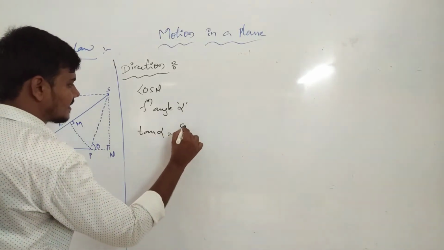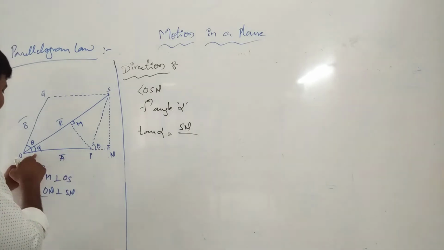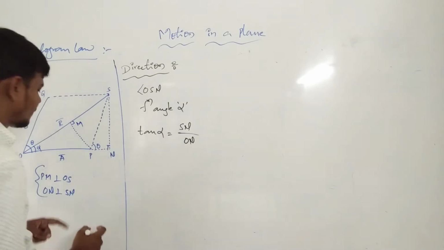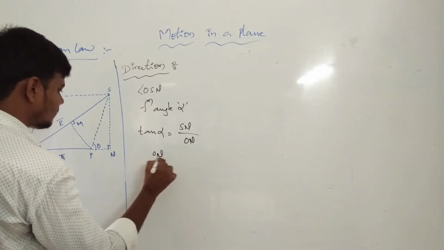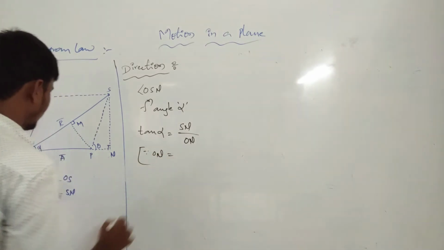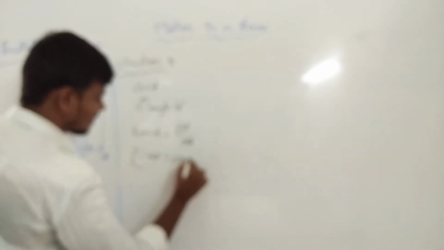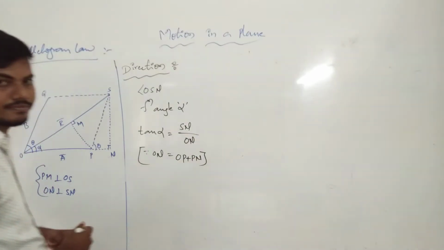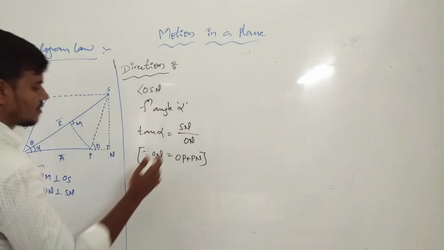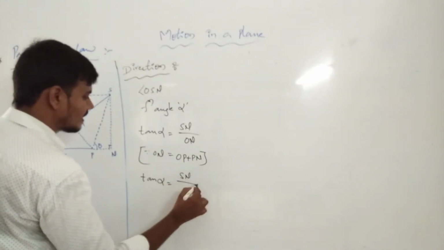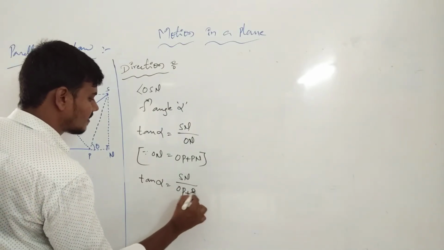Opposite we have taken SN by ON. Since ON is equal to OP plus PN, now substituting the values, tan alpha is equal to SN by OP plus PN.